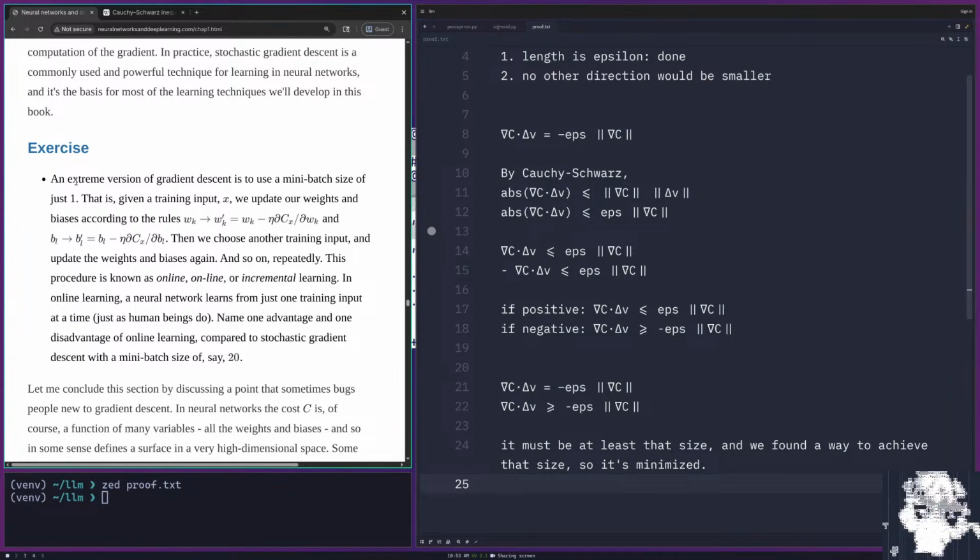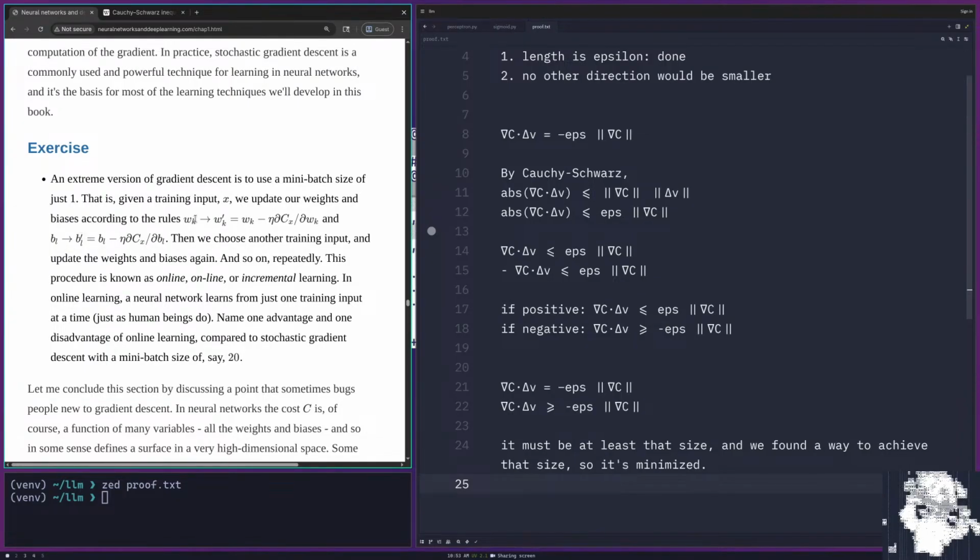Exercise. An extreme version of gradient descent is to use a mini batch size of just 1, that is, a single training input. Given a training input x, we update our weights and biases according to the rules w_k goes to w_k prime, which is equal to w_k minus eta times the derivative of C_x with respect to w_k.